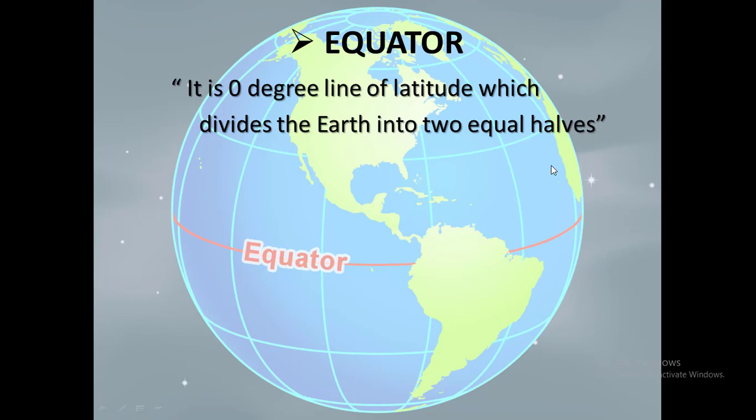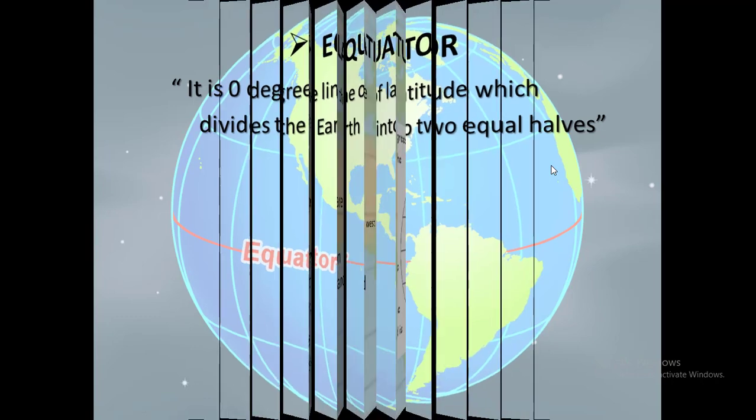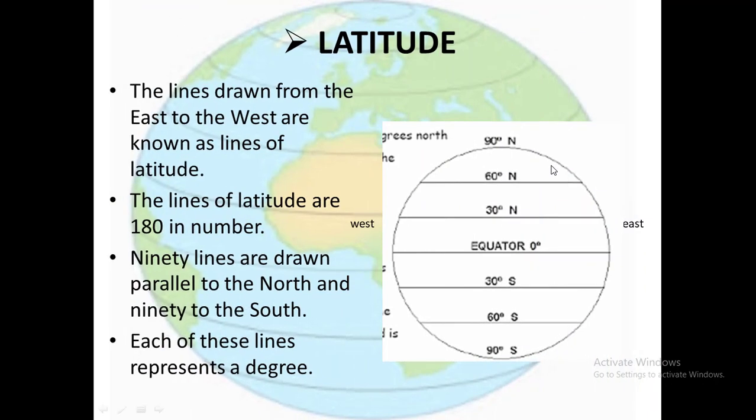Now, dear students, this diagram is also our earth. And look carefully. As I have told you earlier, this line is of equator and it is 0 degree.